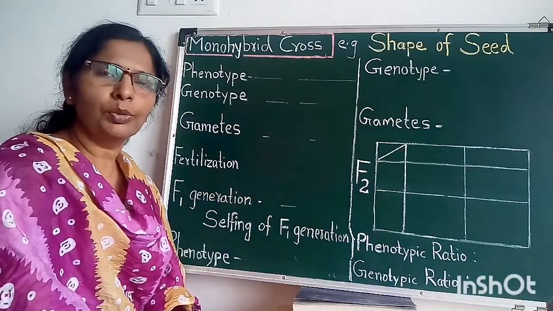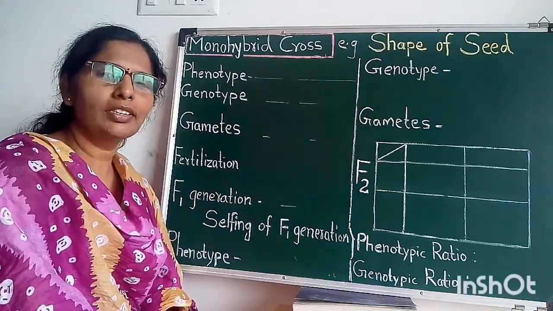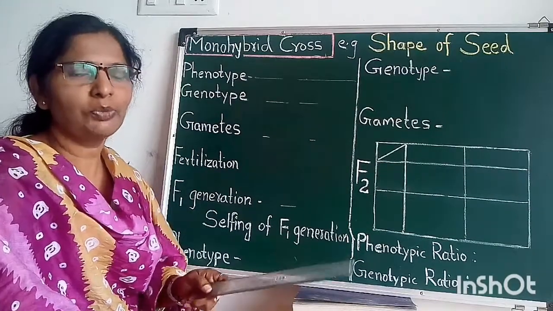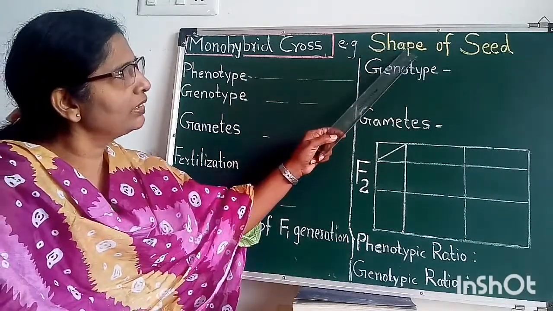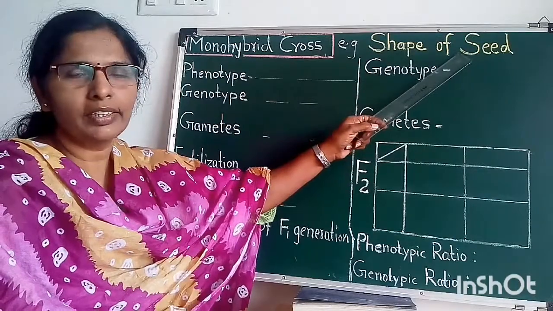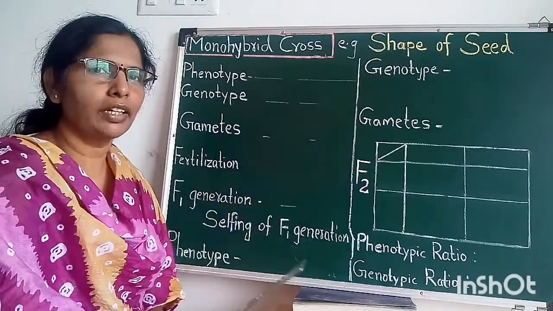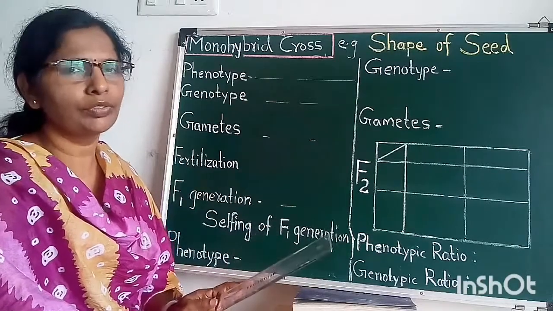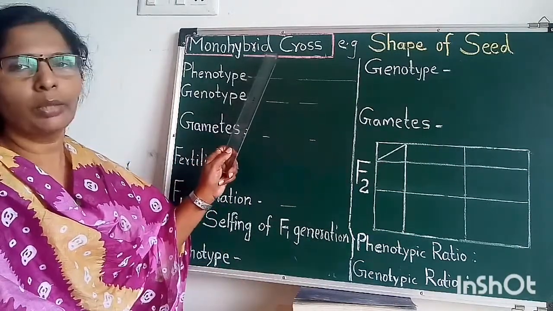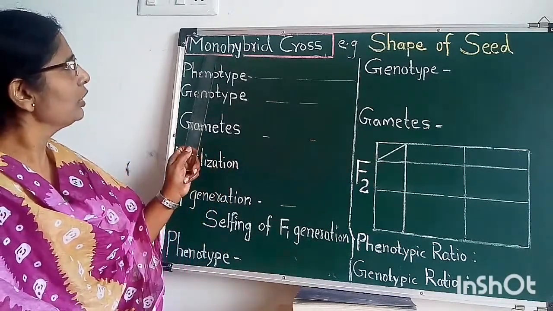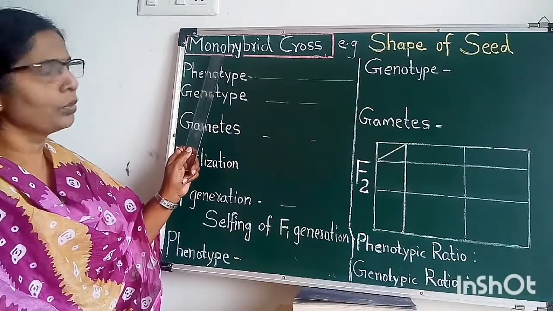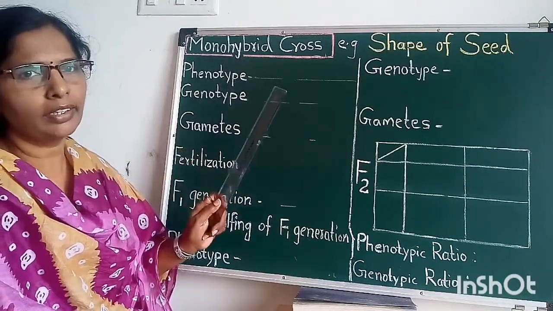In the textbook, the example that is given is plant height. Hence, we have taken another example, that is shape of seed. Mendel has studied 7 characters. Out of 7 characters, we can choose any one character for monohybrid cross, because previously also I have told you the word mono means only one character.